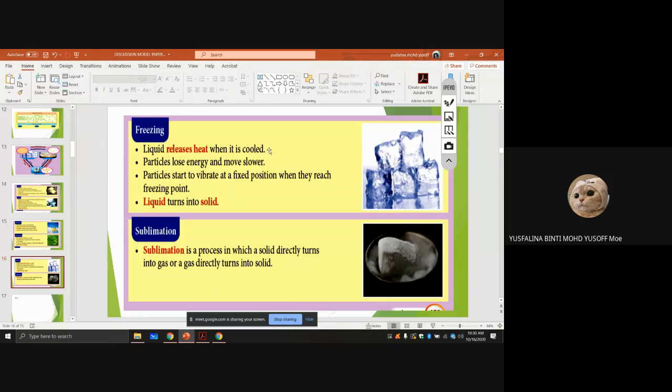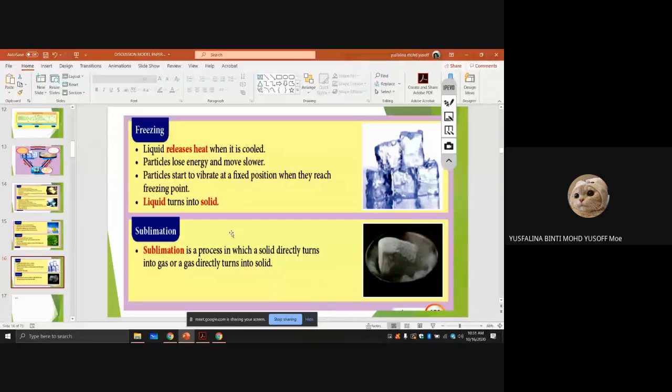This one is the same as before: when it releases energy, it becomes slower, and the particles move closer to each other. When you reach the freezing point, let's say for water it is 0 degrees Celsius, the particles will be in a fixed position. So it will become solid.